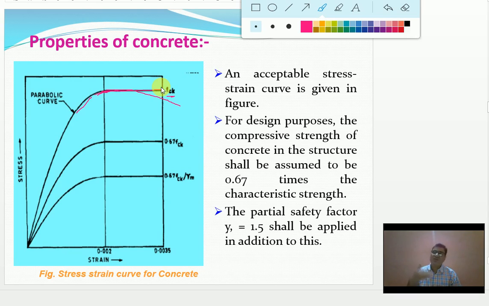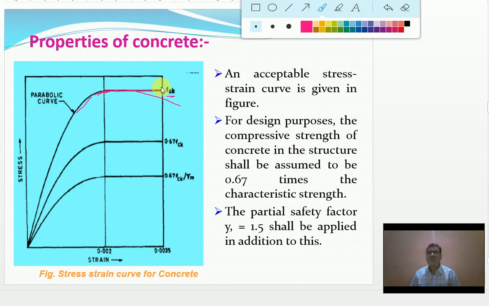But when you see the concrete of an actual member, it may be a column or a beam, the sizes are quite larger than the cube, like 230 by 380 or 300 by 600 or 300 by 750. Also, we never use steel formwork; normally we use wooden formwork.